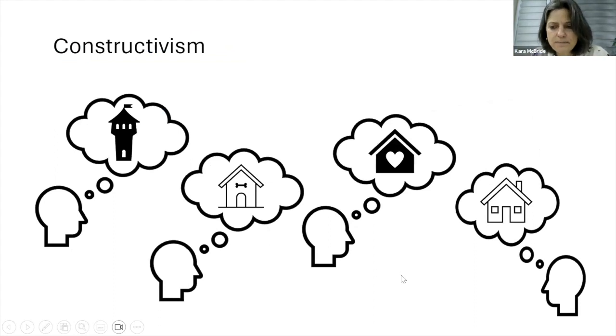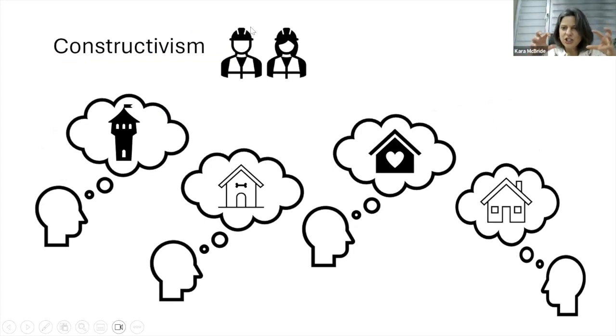So constructivism. We call it constructivism because it's construction. You make something. In the old days, when we didn't understand learning very well, we thought of learning as a much more passive activity, where the learner just received knowledge.